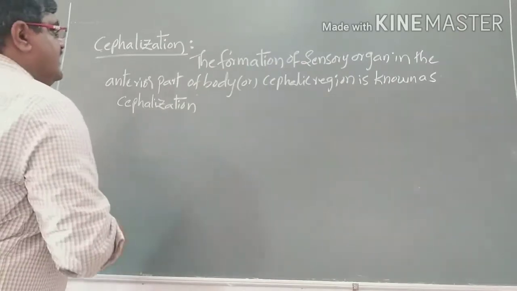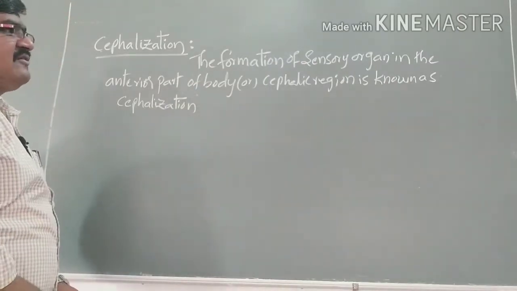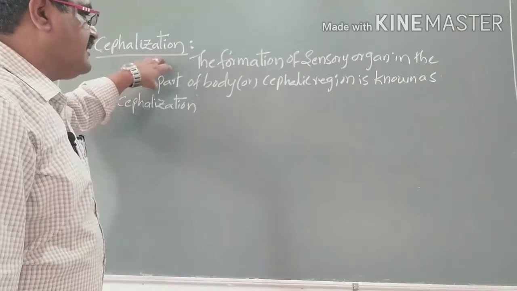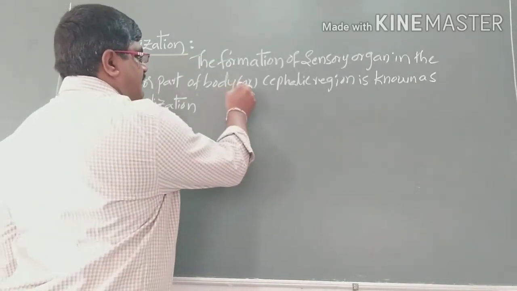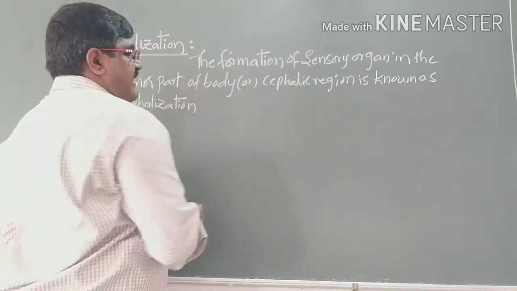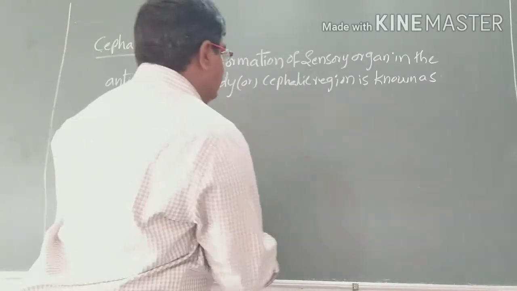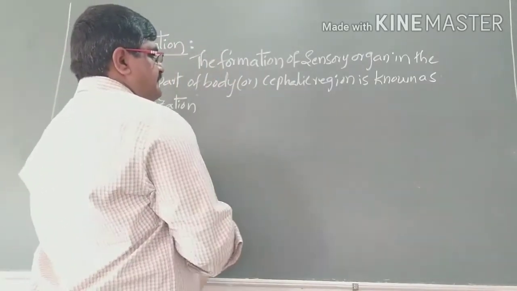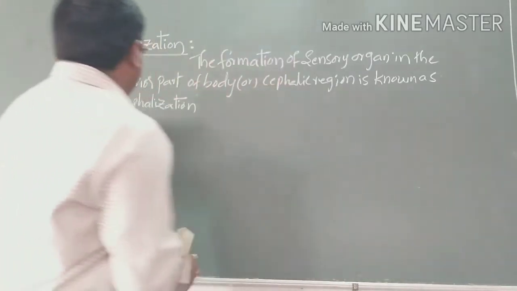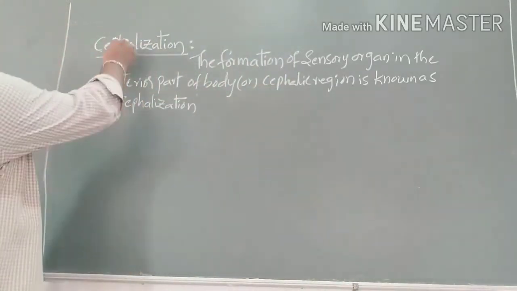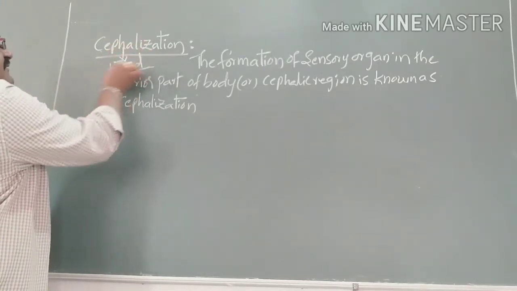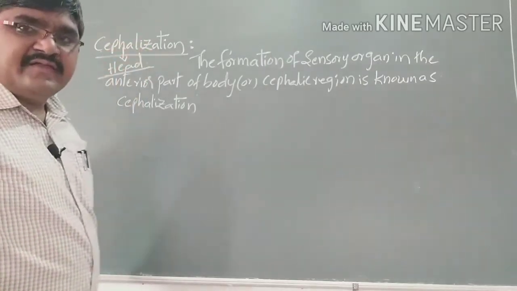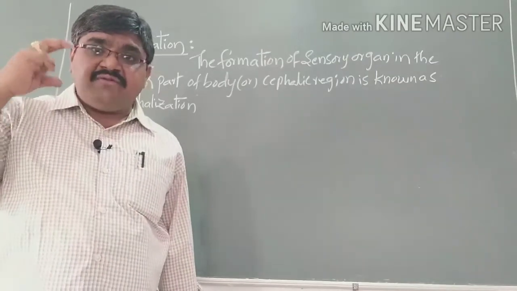That means the formation of the sense organs in the anterior part of the body is in the form of a head region, or cephalic region. Here cephalo means head. So in the anterior part the head formation has taken place.